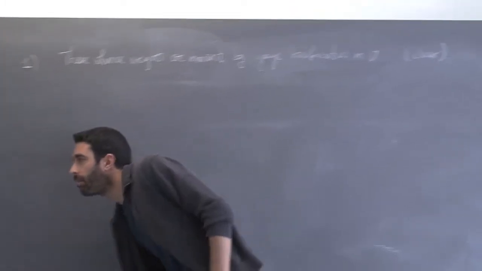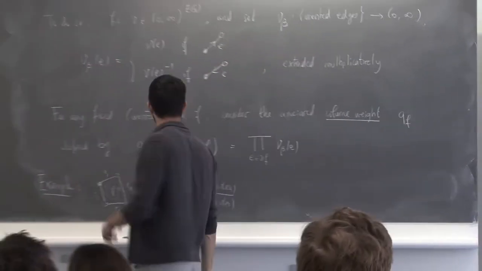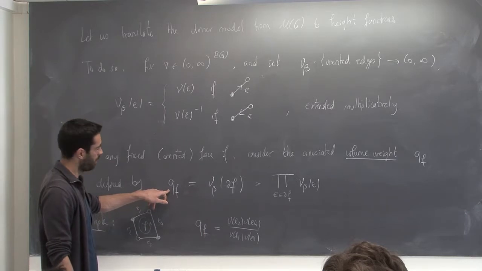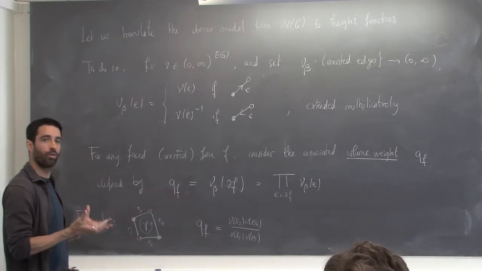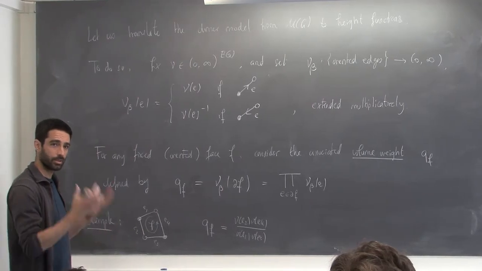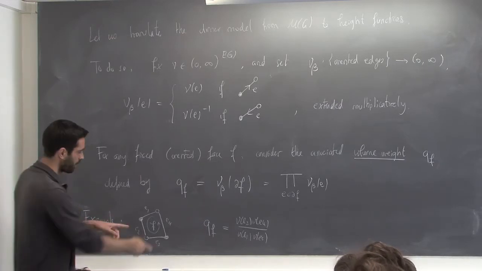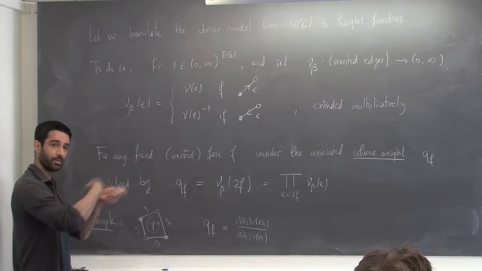And now, how many parameters do I have here? So note that I'm not completely free. I have one constraint on these weights. It is that if I take the product over all the faces on my surface of all these weights, I get 1. Right? Because if you think about it, you multiply everything. Each edge is counted once in one direction. Okay?